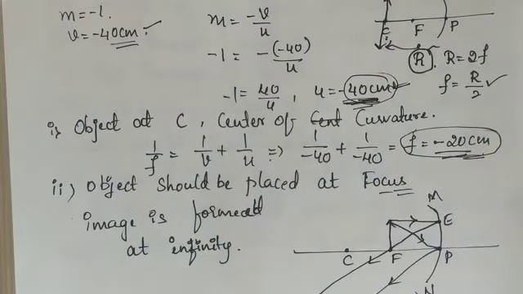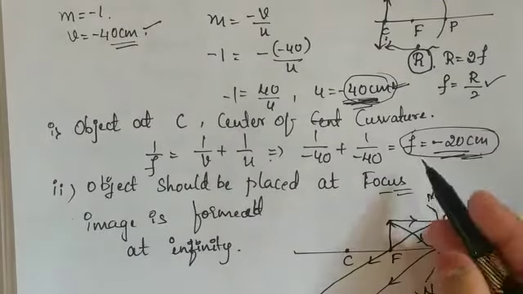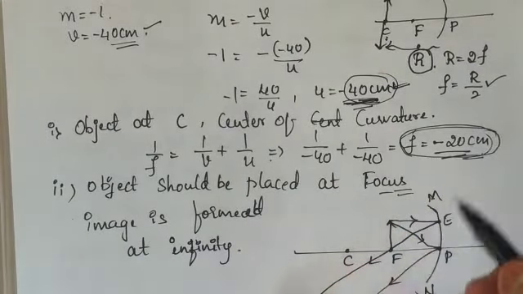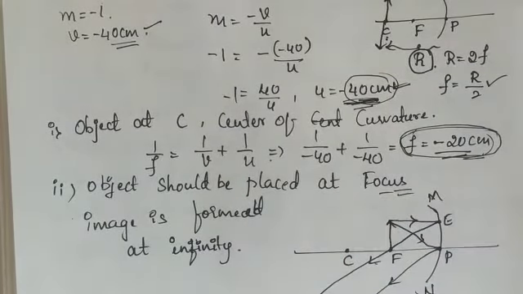Now if I have moved the object 20 centimeter, the object should be kept at the focus. If the object is kept at the focus, the image which is forming will be at infinity. Okay, I hope everyone has understood this.